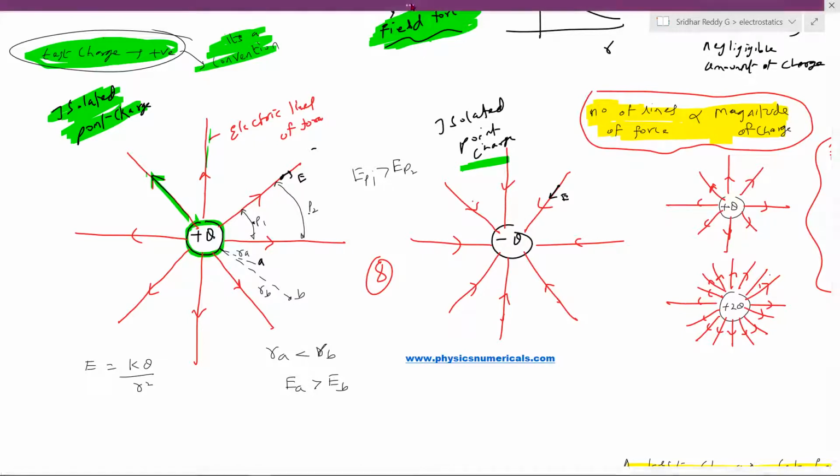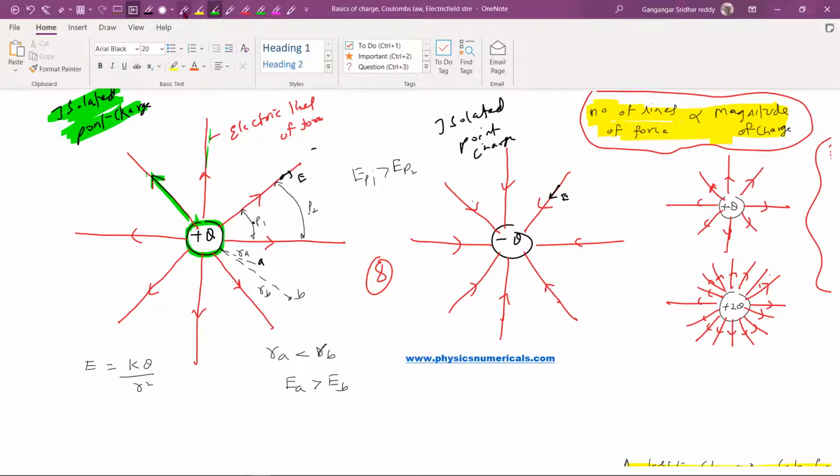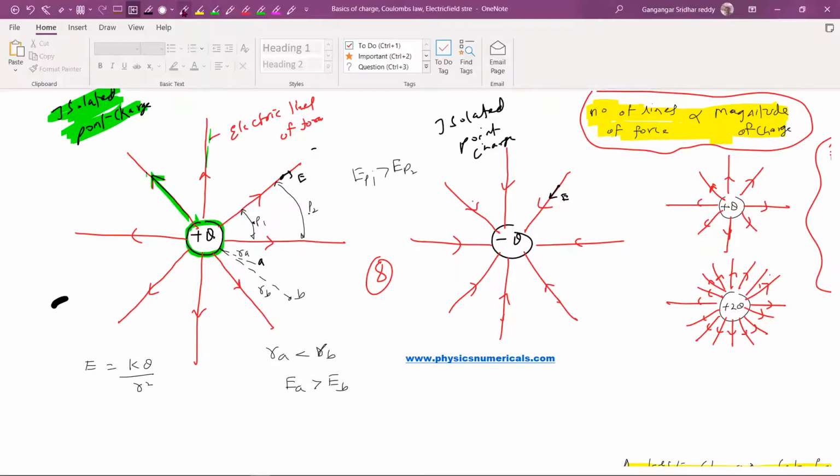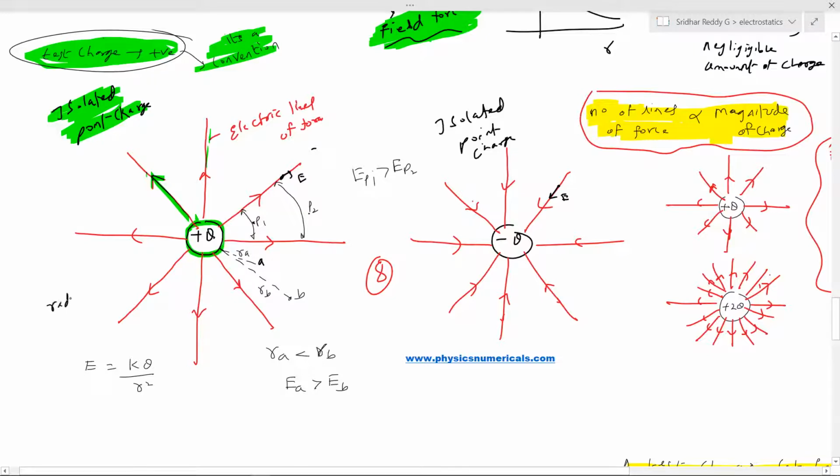For an isolated positive point charge, they will be directed radially outward, and radially inward for a negative isolated point charge.